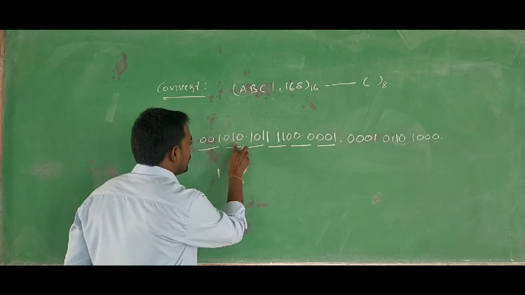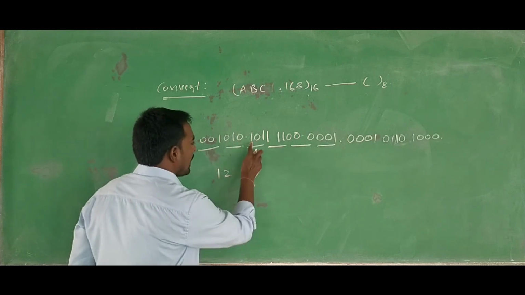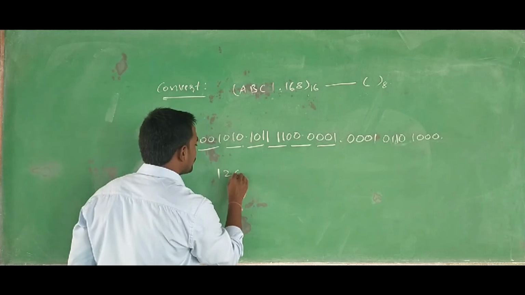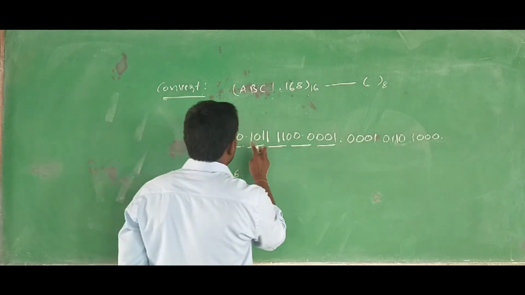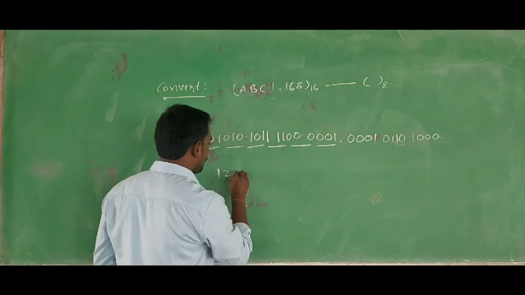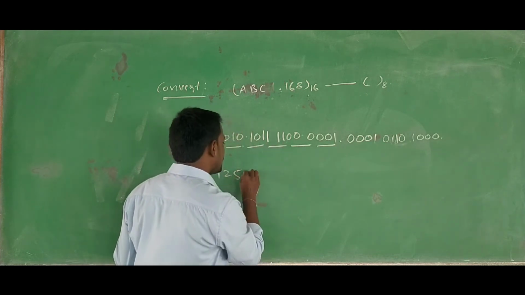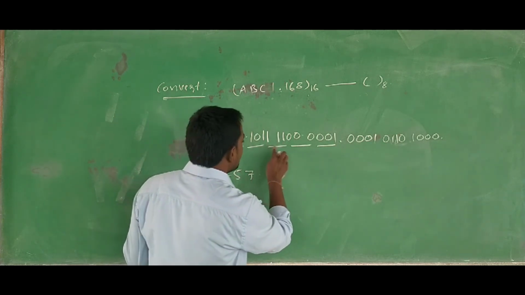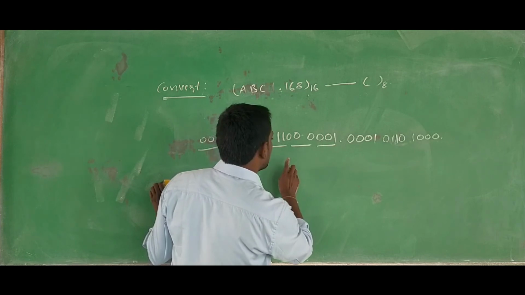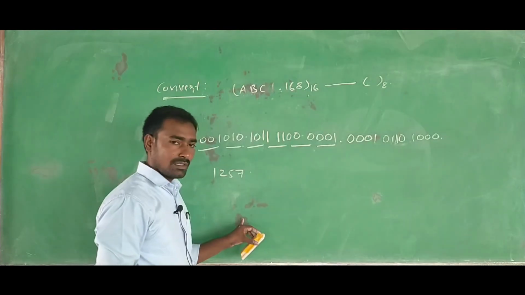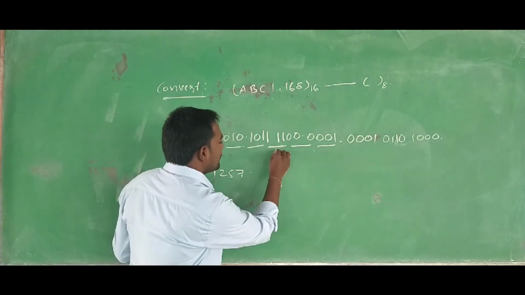Finally we will get 101 is equal to 5, 010 is equal to 2, 101 is equal to 5, 111 is equal to 7, and 111 is equal to 7.